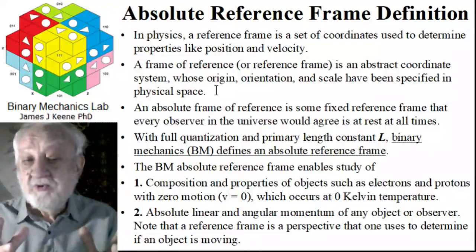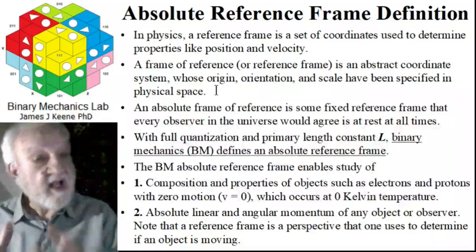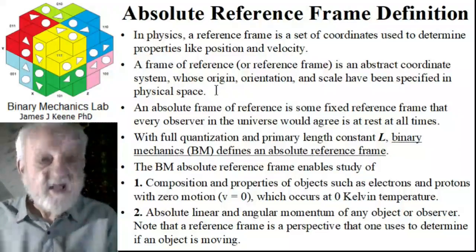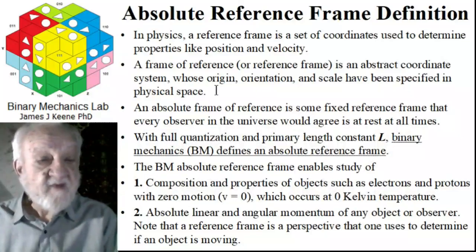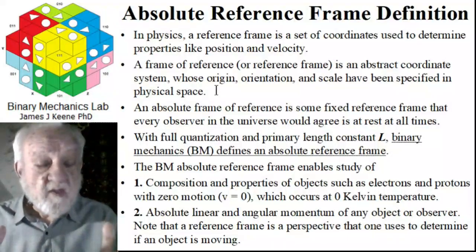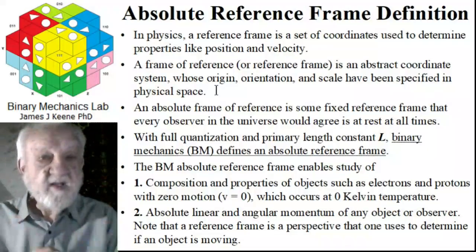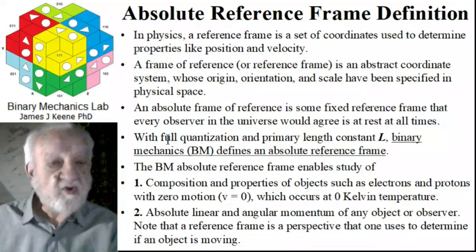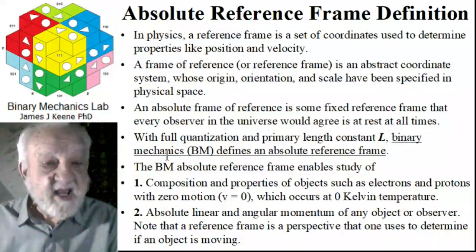If this is true, it means that there is no absolute way to determine if an object is in motion or not, or what its velocity in fact is, in some more definite sense. And in fact, we couldn't even know what the ground states of particles are when they have zero motion. With full quantization and primary length constant L, binary mechanics defines an absolute reference frame.